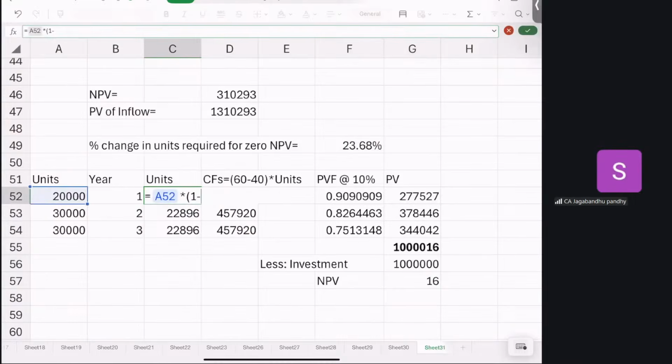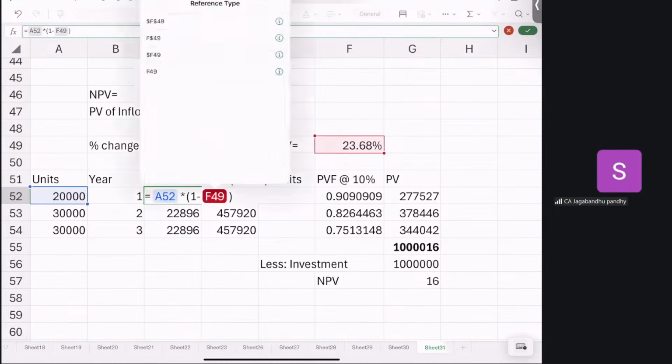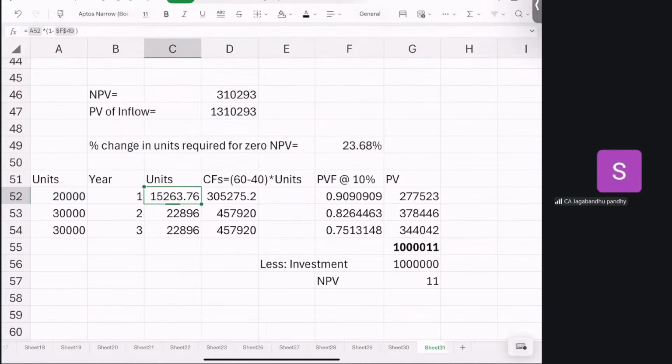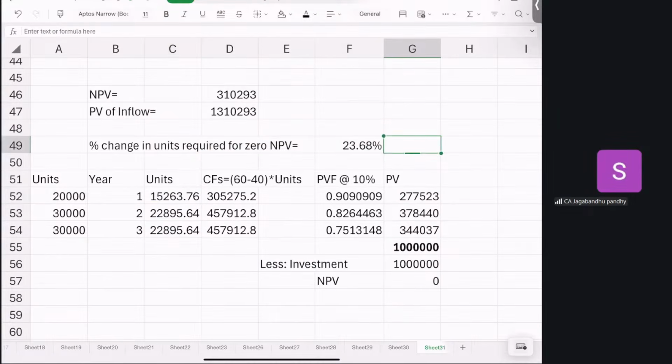But if I link it appropriately and take the full amount of decimals, we can see NPV is 0. So the percentage change in units required for 0 NPV is simply NPV divided by PV of inflow.